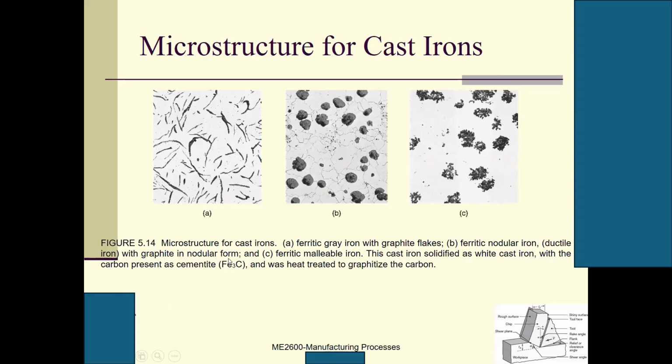Cementite is an intermetallic material, Fe3C, and was heat treated to graphitize the carbon. So this is the third. Ferritic gray iron, ferritic nodular iron, and the ferritic malleable iron.